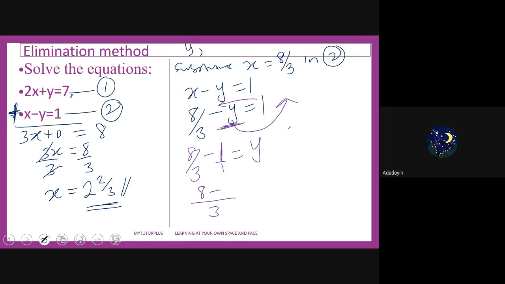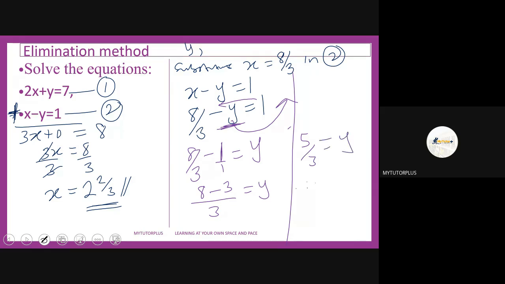That will give us 3, right? Yes. 3 times 1 will give us 3. Everything equals to y. So from here, we can now say 8 minus 3 will give us 5 over 3 equals to y. Therefore, y equals to 5 over 3, or you have one whole number, 2 over 3. That will be our result here.